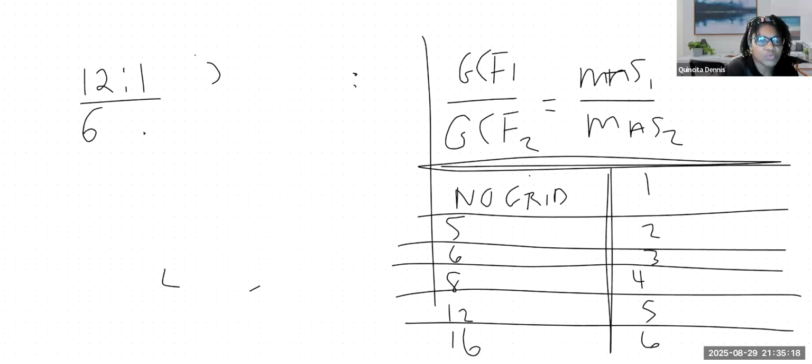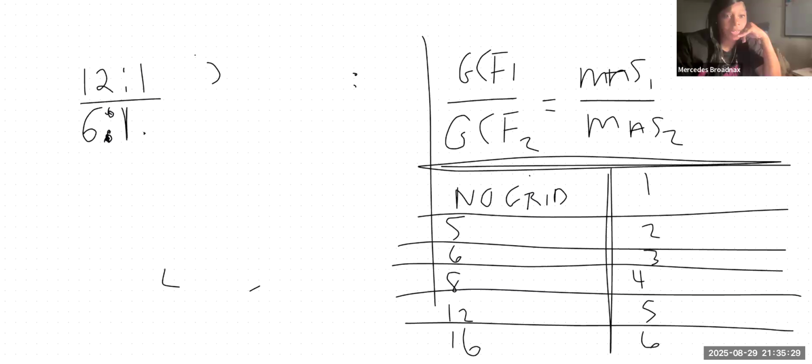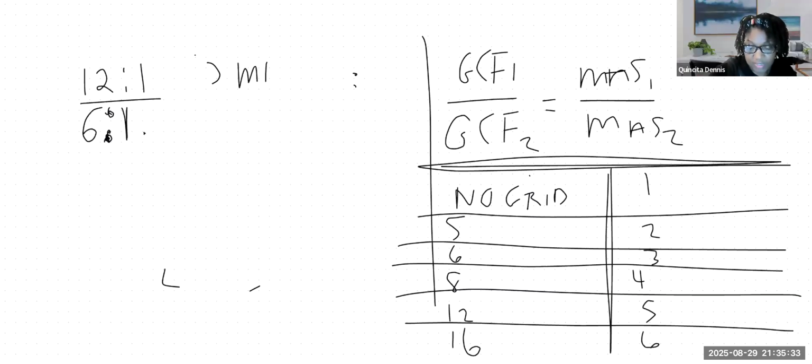All right, common sense. Which way should my mass go, increase or decrease, if I'm going from a 12-to-1 to a 6-to-1 grid? Decrease. All right, decrease. My initial mass is 50. All right, what should my new mass be?